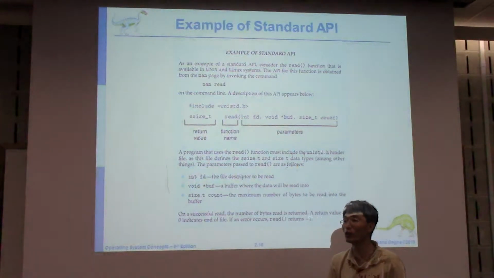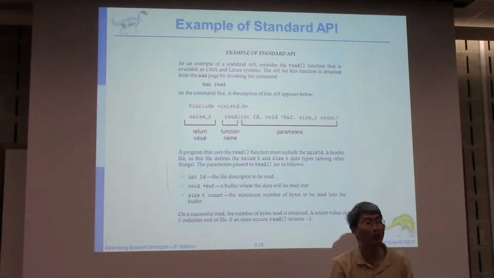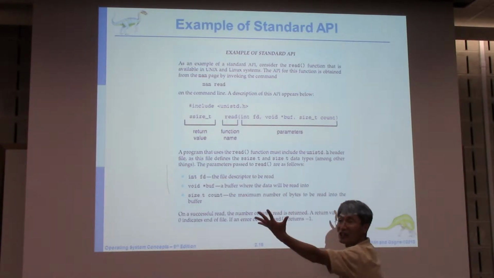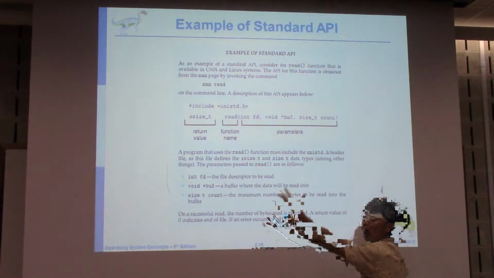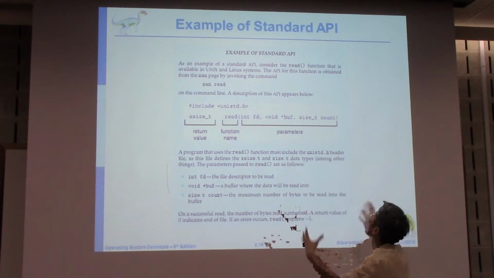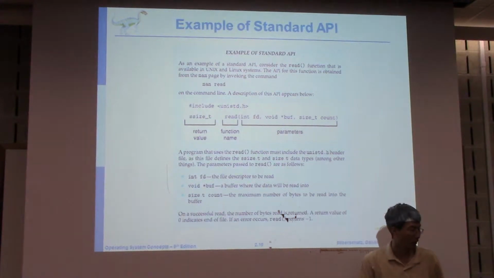The file descriptor is the identification of the file, not the file name actually. And the buffer is the space to keep the returned data, and how much to read, 10 or 20, something like that.